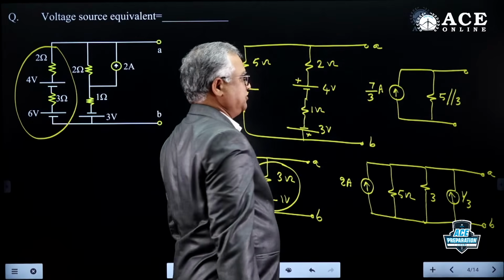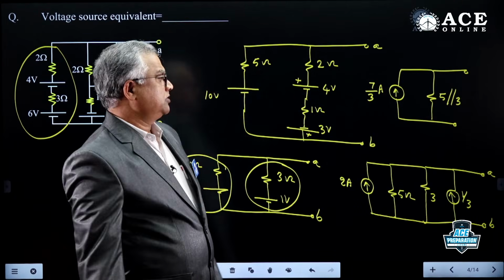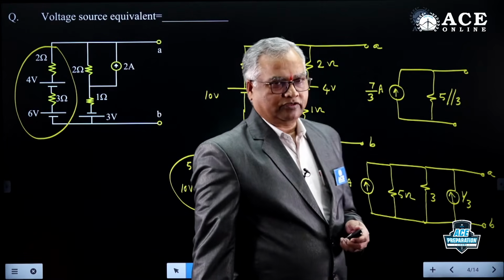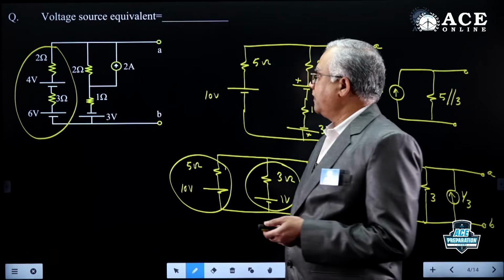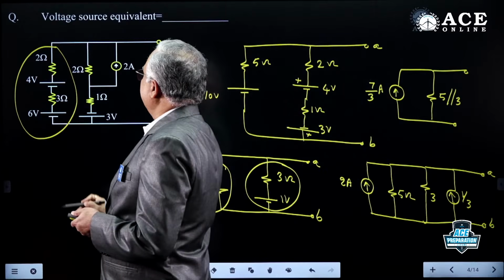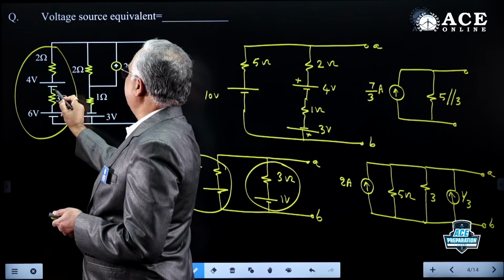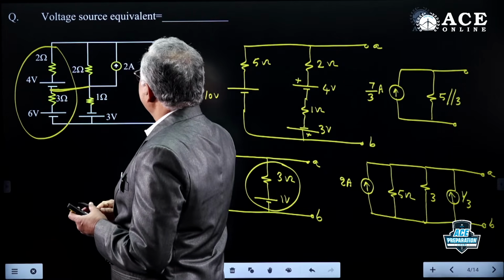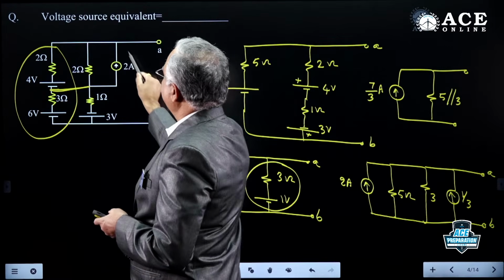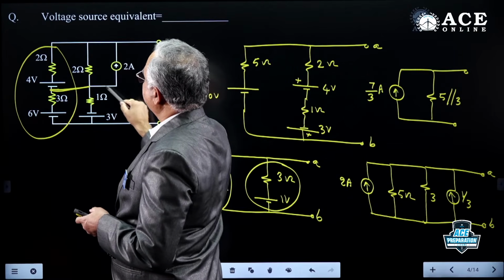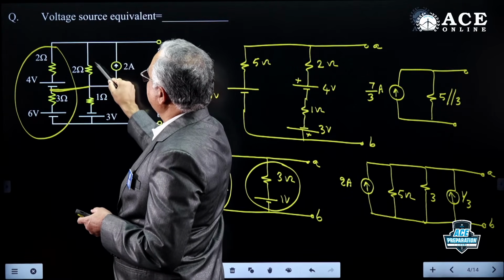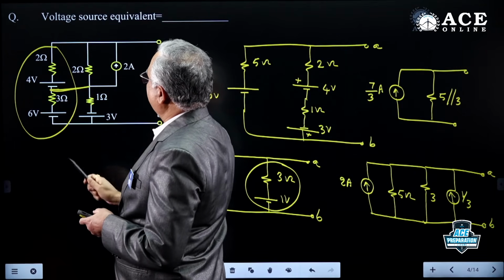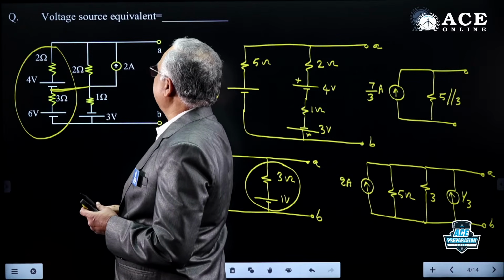If you want, you can change it into the voltage source equivalent. So this is the importance of source transformation. Same problem connected like this: if you change this into a voltage source, no use, because you can't combine these.